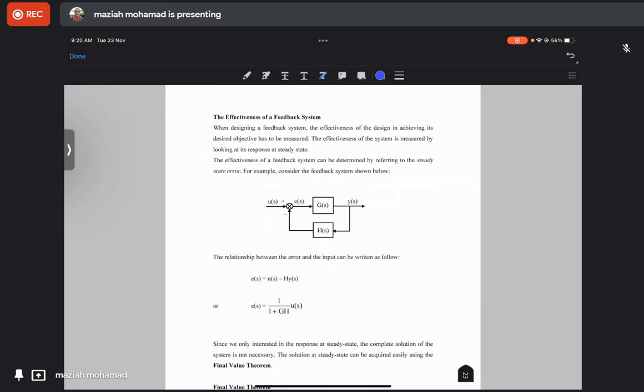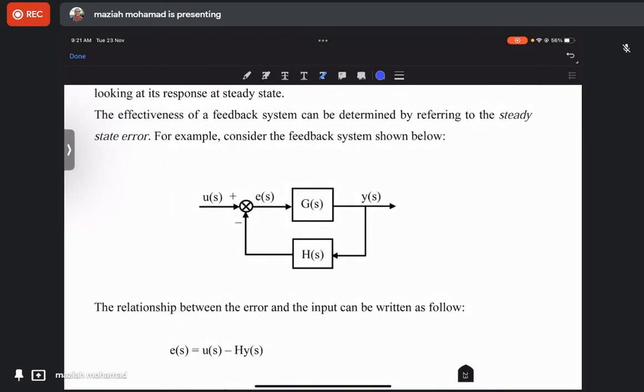So in order to derive the time response equation for the steady state error, we will require a steady state transfer function. Based on the relationship here, we have error.